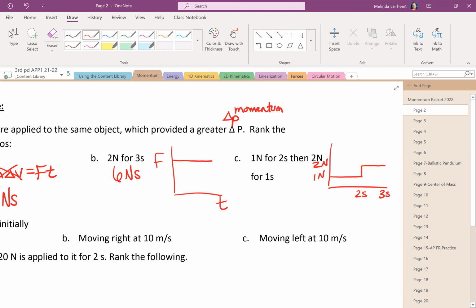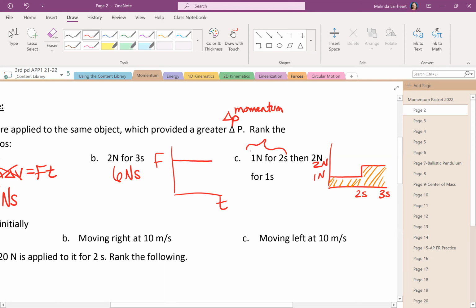Graphically, how do we find impulse? Do you remember? Area, and so the area of, we'll break it up into 2 rectangles. Look at it as impulse part 1 and impulse part 2, and to get our final answer, we will add them, right? And so what do we get for object C?